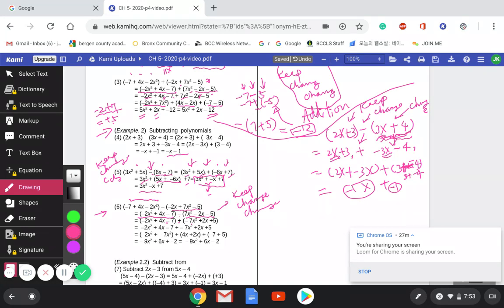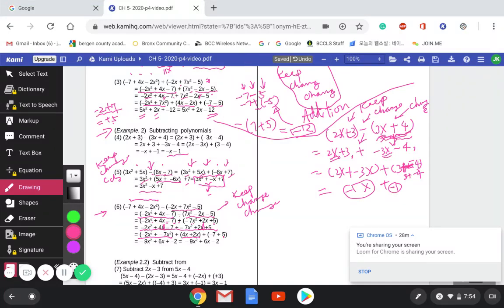And then I rewrite this whole thing again by getting rid of parentheses and combine the like terms, highest one first. So negative 2x squared with a negative 7x squared, you group them because they are like terms. 4x with a 2x, you write them here as a group, and negative 7 with a plus 5, you group them.